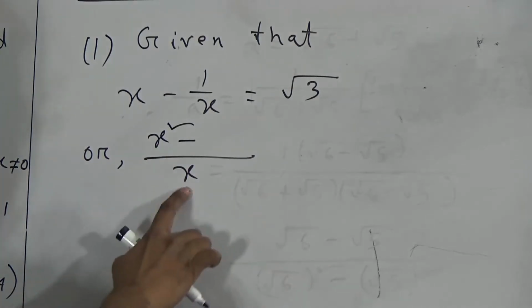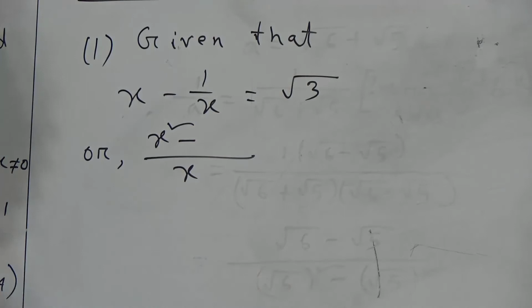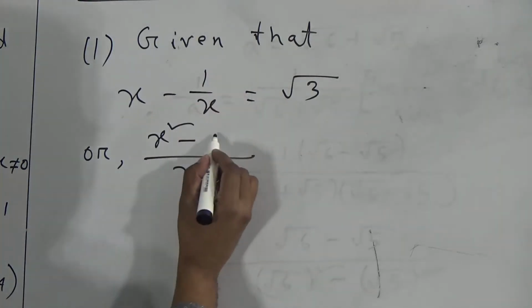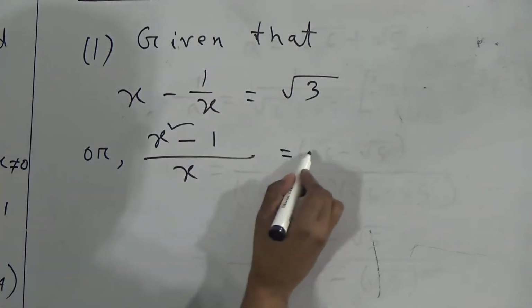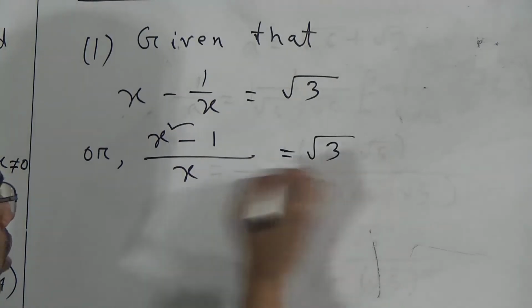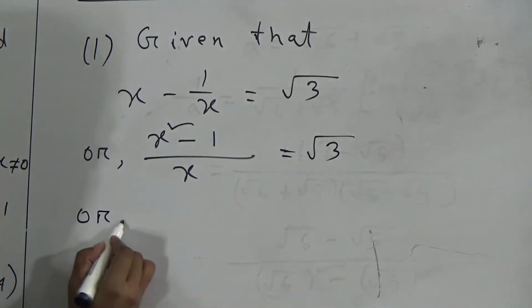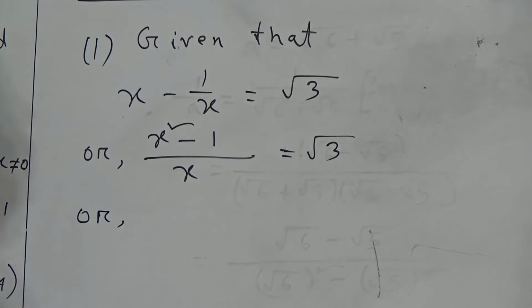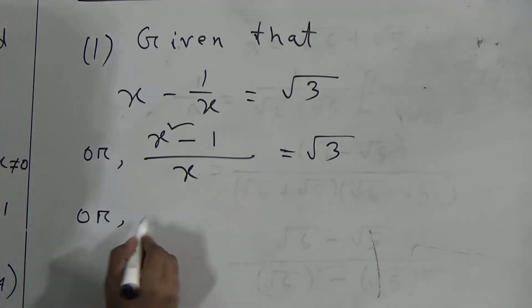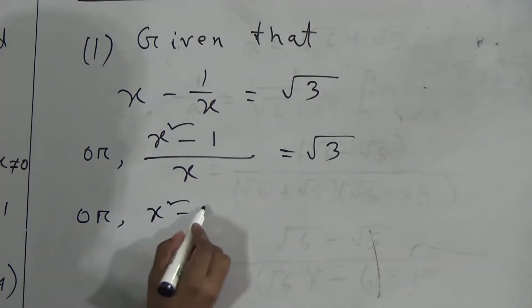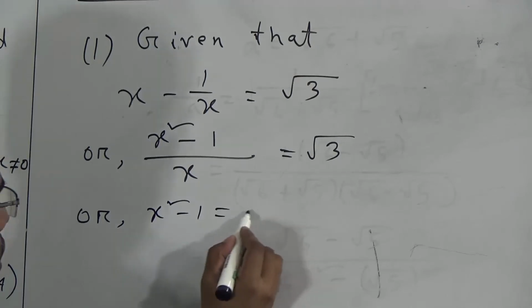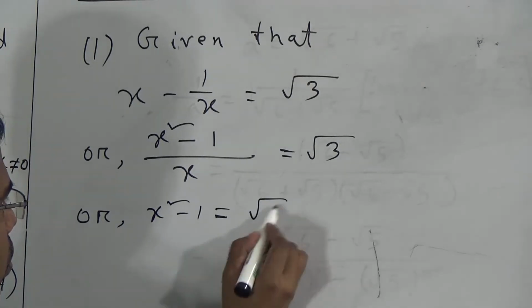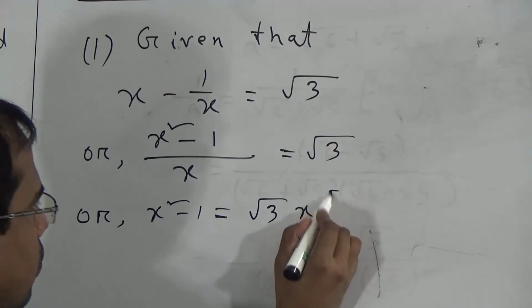If we divide this x by this x, then answer will be 1, and 1 multiplication 1 is equal to 1 is equal to root 3. Now if we multiply both sides by x, then in left side x square minus 1 will exist, and in right side root 3x will come.